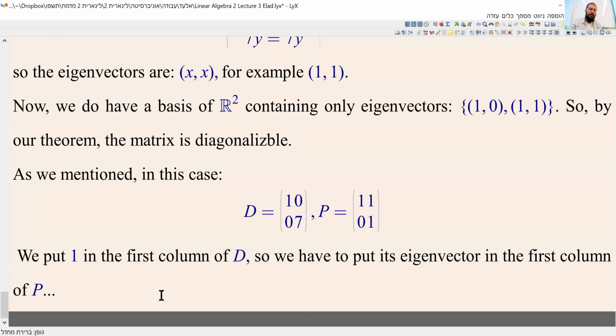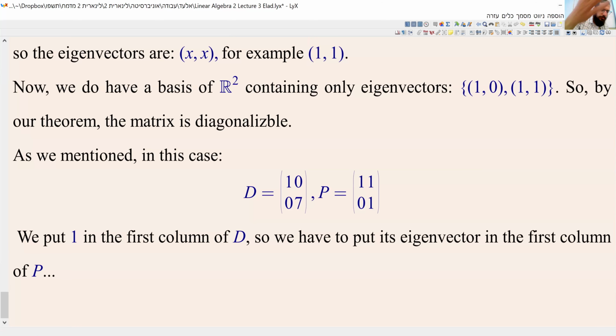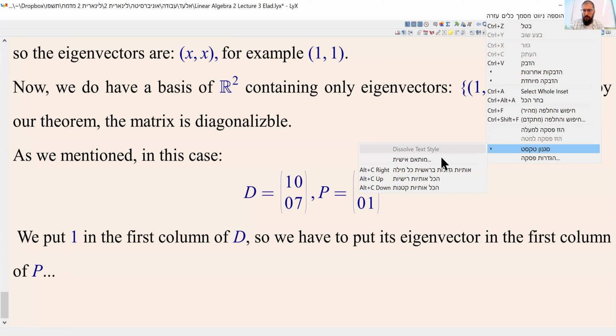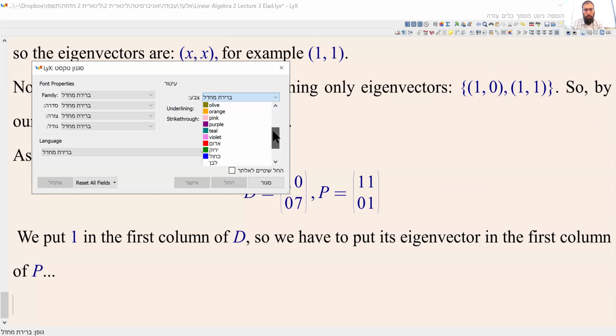So now we can, for example, let's write it down in a different color, let's say purple.